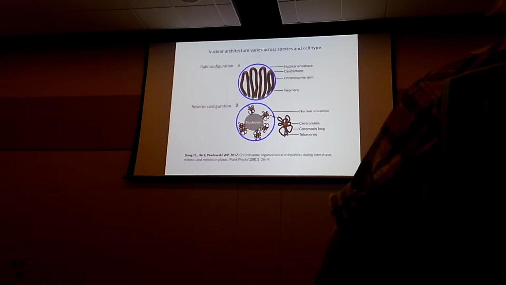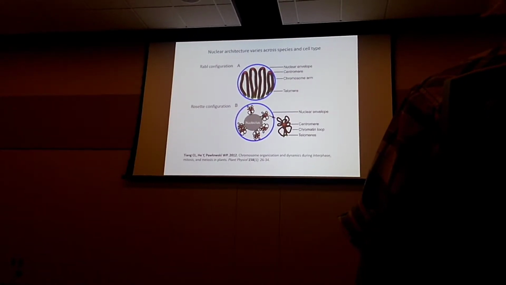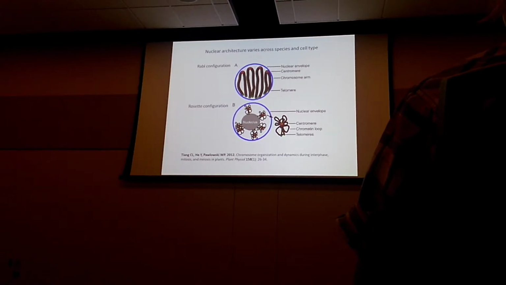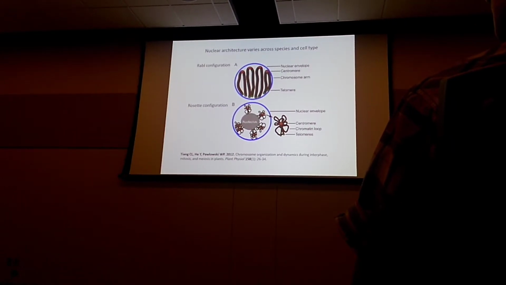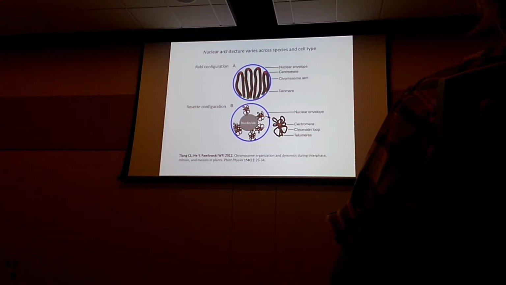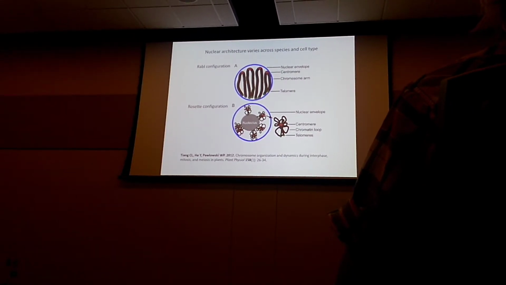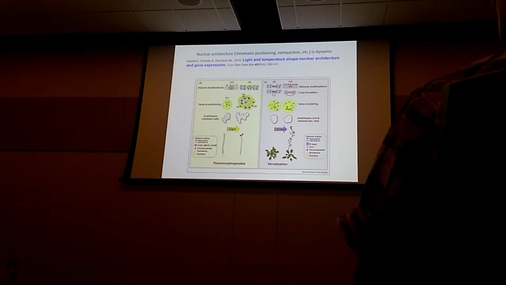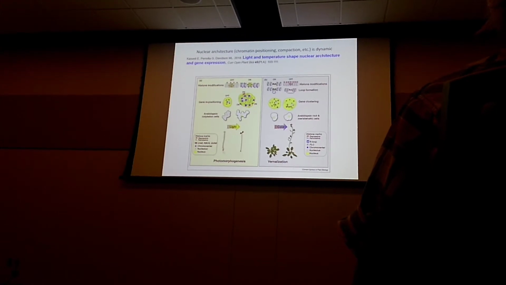It's interesting that nuclear architecture varies across species and across cell types within species. So you really can't talk about one particular effect. You have to think cell type by cell type and species by species, and that's maybe different in different organisms. The chromatin positioning, compaction, and so on is dynamic, and so you can see that there are going to be effects if you change any of these parameters.